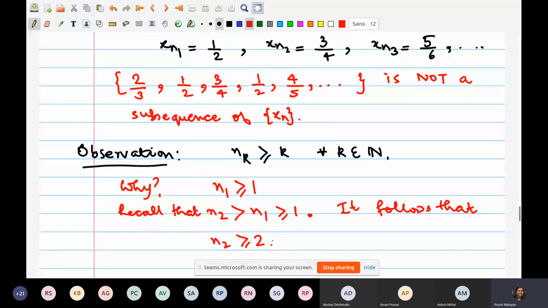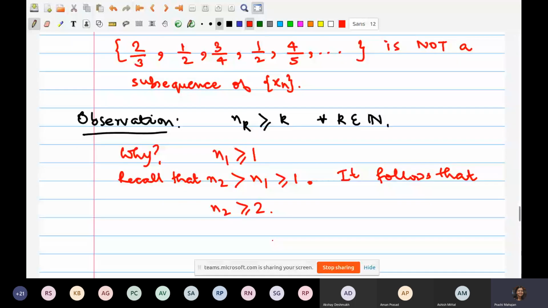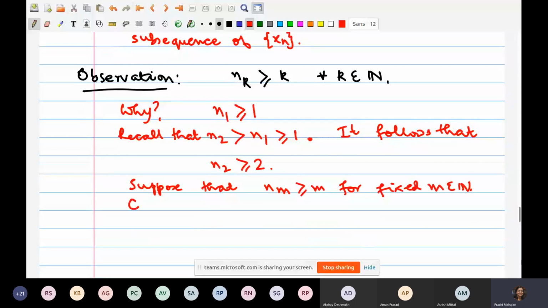Let me just write that down. Suppose that n_m is at least m for fixed m, and in order to apply the principle of mathematical induction, you consider n subscript m plus 1.